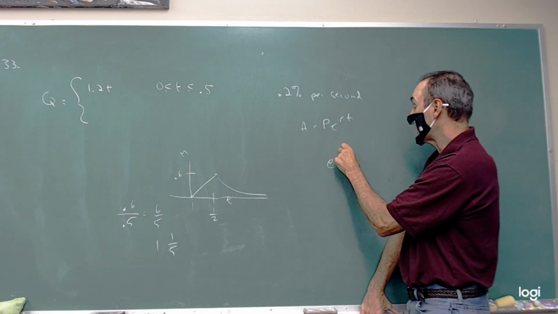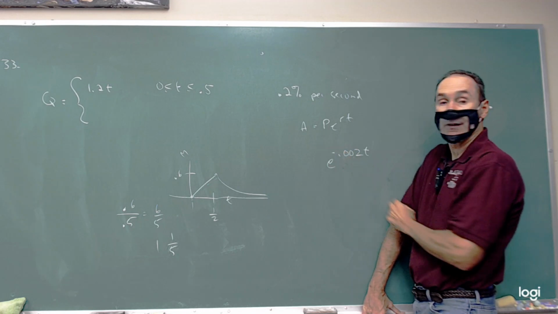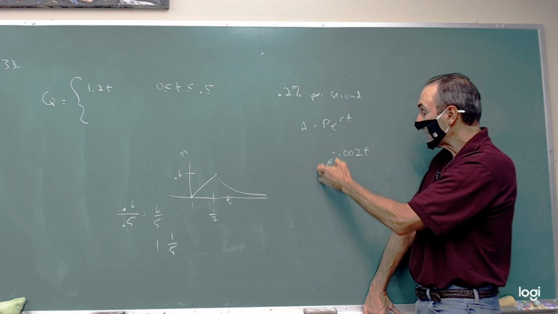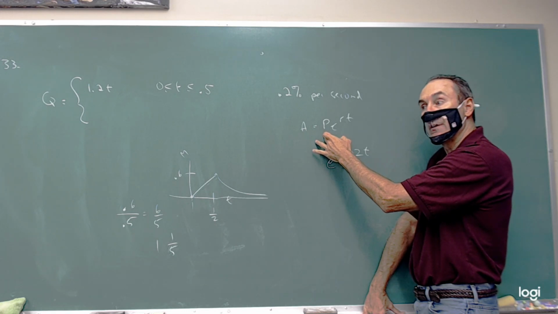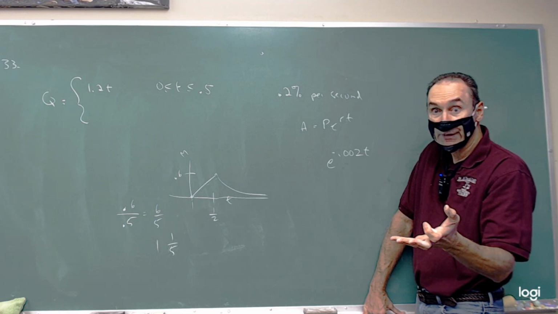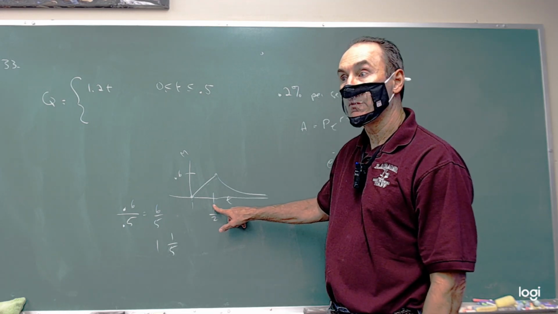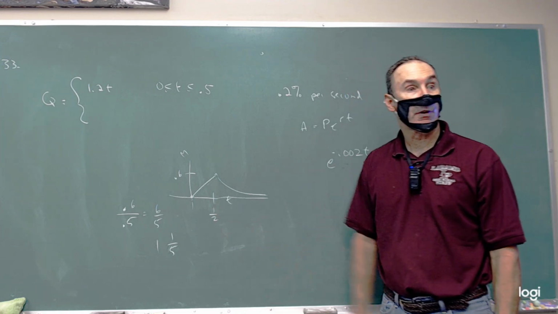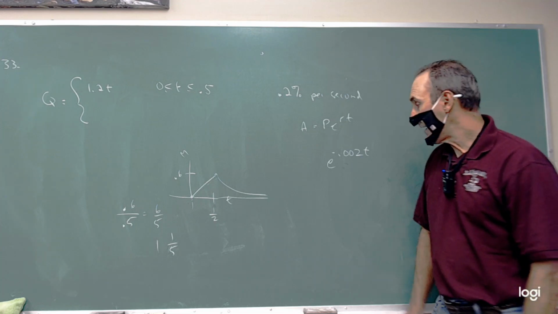And it's decreasing, so it's really going to be a negative. Now we need to know this value here. And to get the P, what do we need to know? The initial value. But we have to be a little careful, because our initial value is going to start at 1/2. That's when the exponential part starts. Does that make sense? Now we can fix that.